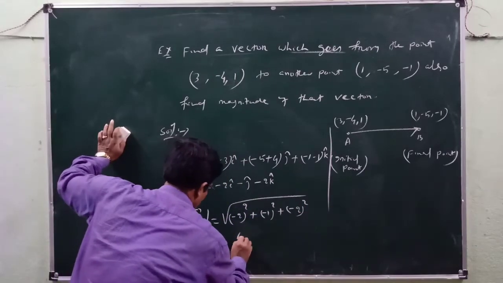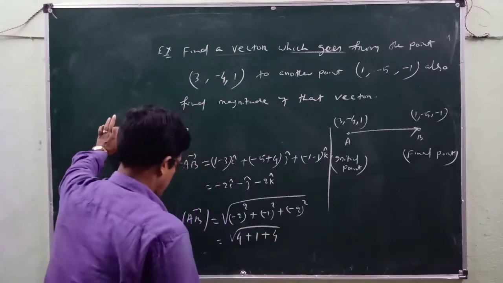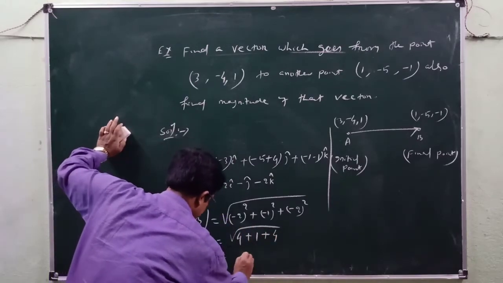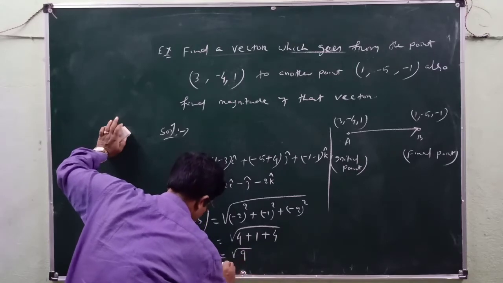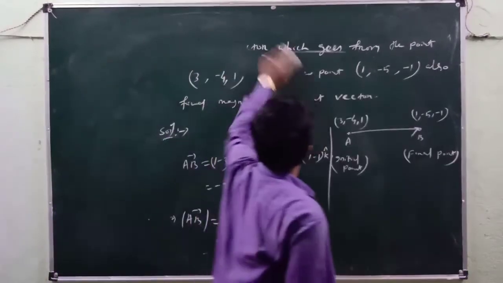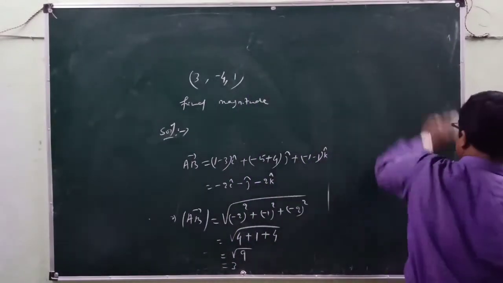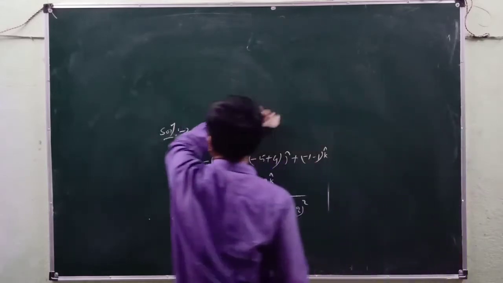It will be the square root of minus 2 squared plus minus 1 squared plus minus 2 squared. That is the square root of 4 plus 1 plus 4, so it will be the square root of 9, which is 3. Similarly, you do all problems related to this topic.